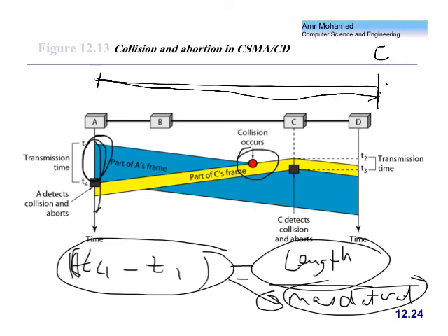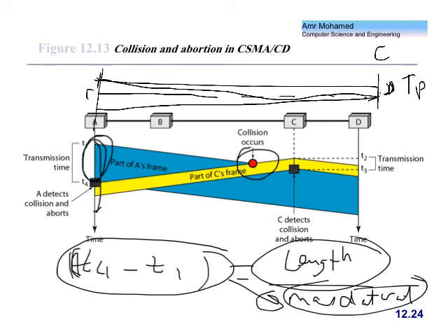Remember, this time is TP, the propagation time. Slightly before the end of this propagation time, C checks that the channel is idle, then it sends. Then it goes all the way to A, taking another propagation time, and A will only detect the collision at this point here.